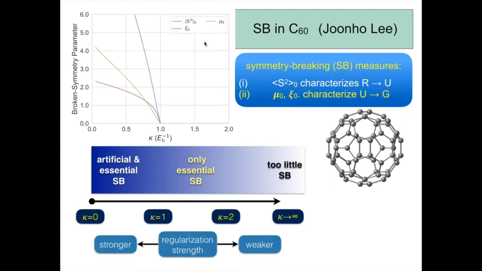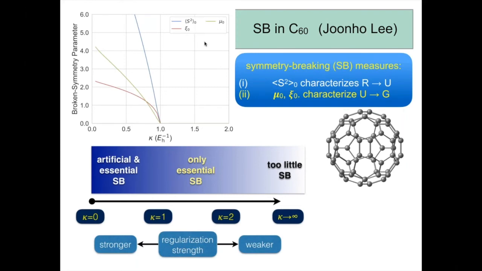And what you see is that there is an unrestricted solution and a general solution. If we just focus on the S squared value, there's an enormous value of S squared, the blue curve, and it comes crashing down as the regularization is turned from infinitely strong at kappa equals 0 towards just quite strong as kappa goes to 1. And by kappa equals 1, the orbitals have actually repaired.